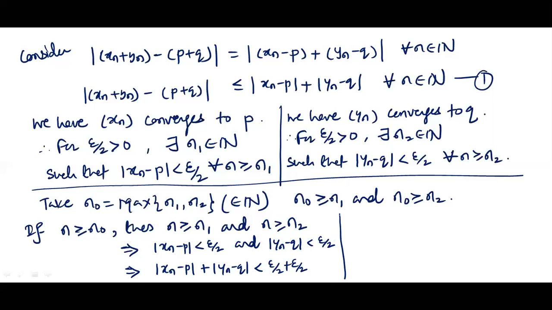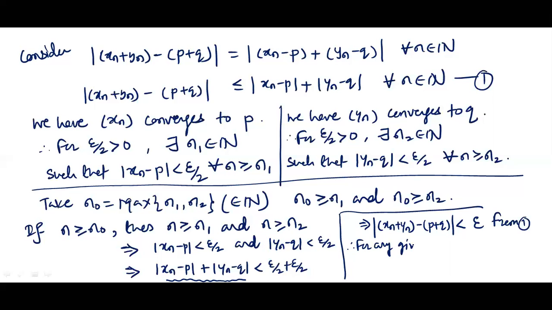And from 1, we can see that mod of xn plus yn minus p plus q is less than epsilon by 2 plus epsilon by 2, that is less than epsilon.